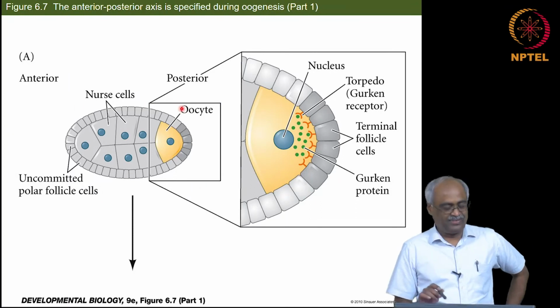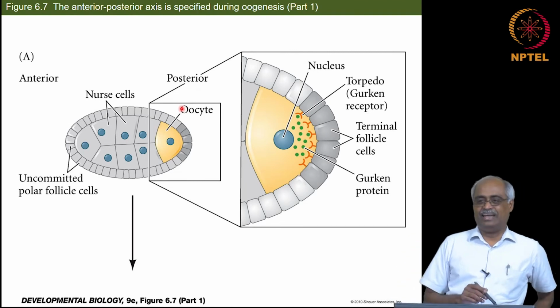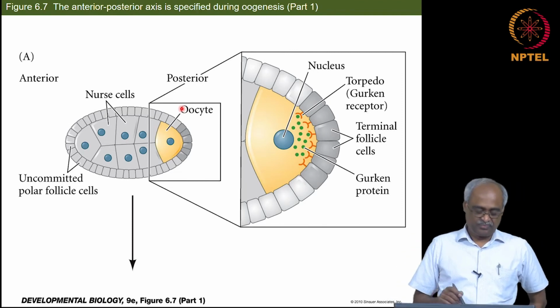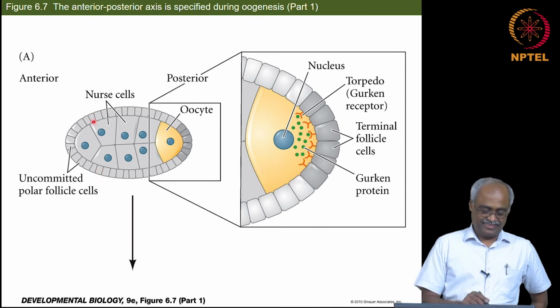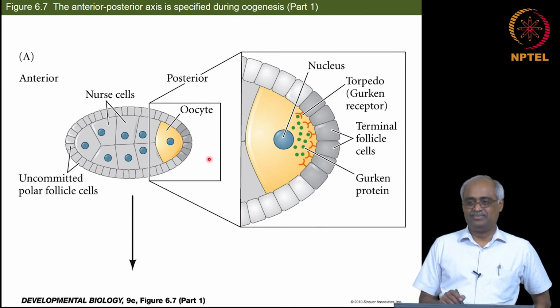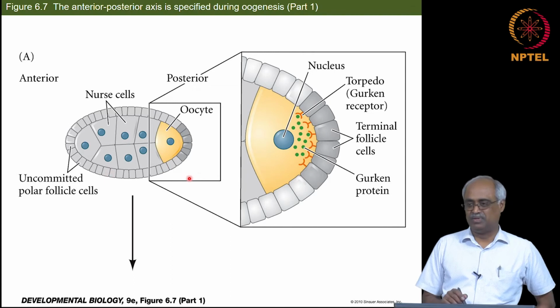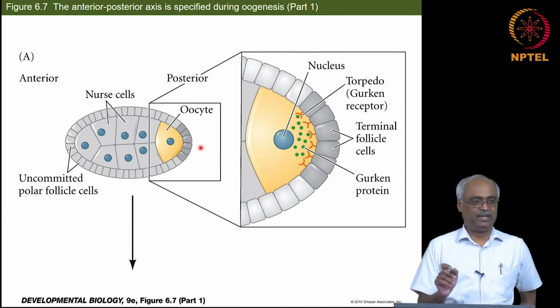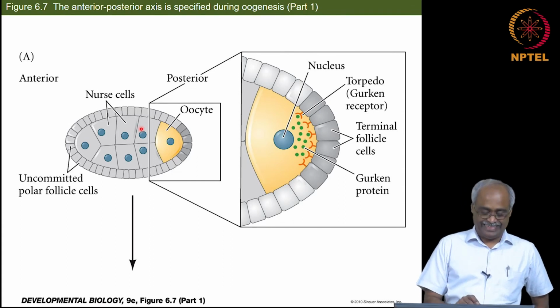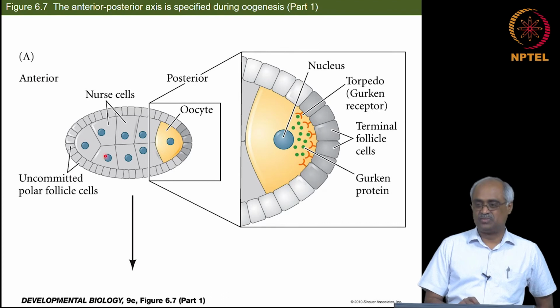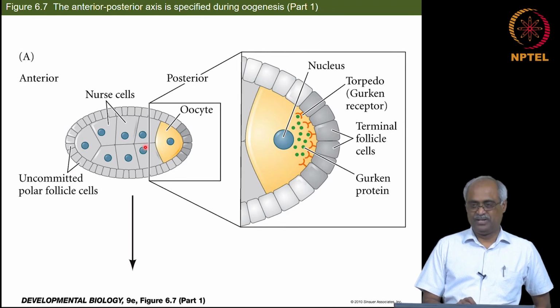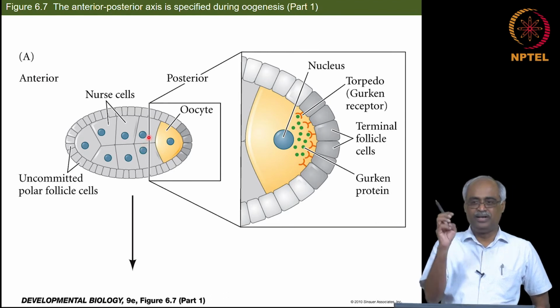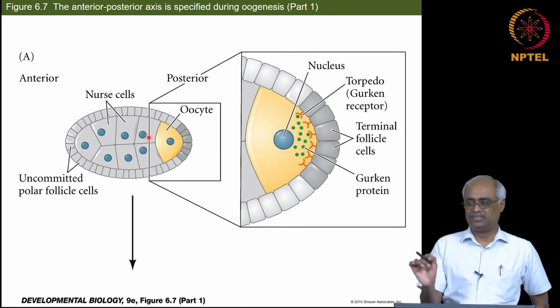Now I am going to introduce one set of cells that we did not talk about till now. This entire egg chamber was not only surrounded by a basement membrane, there are also somatic cells. Here again I want to make it abundantly clear, these are not produced from that one daughter formed by the division of the germline stem cells.